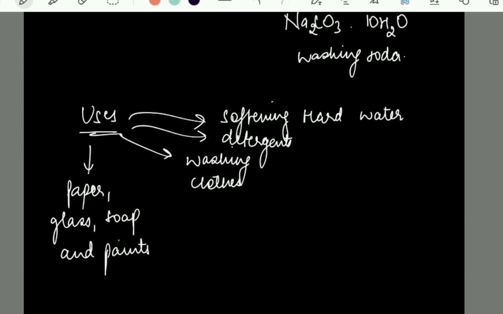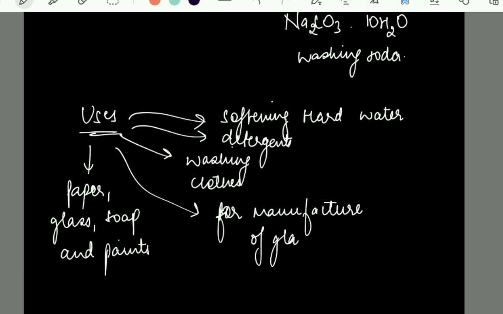Now one more important use is for manufacture of borax. Borax is very much useful, there is a very famous borax bead test also.